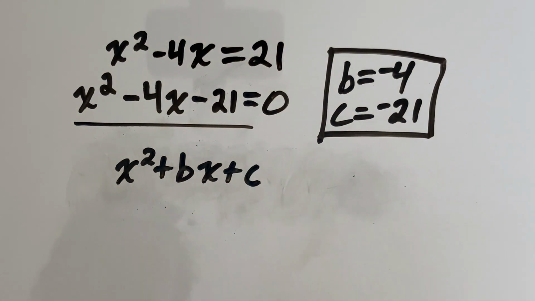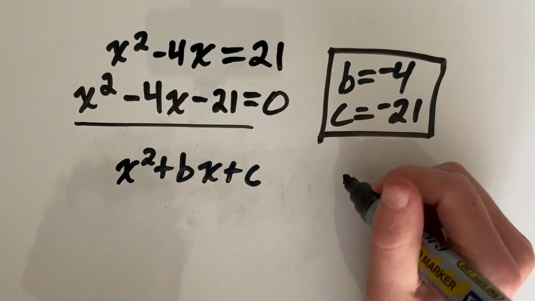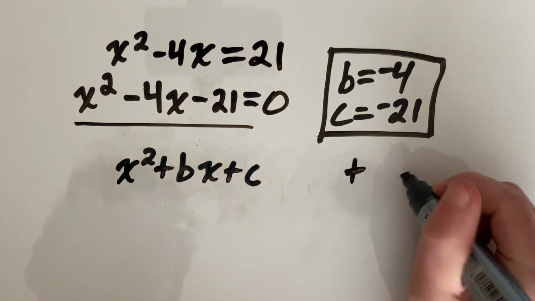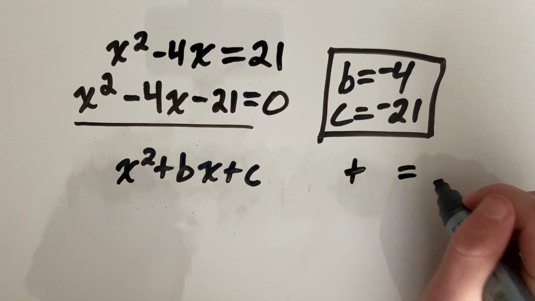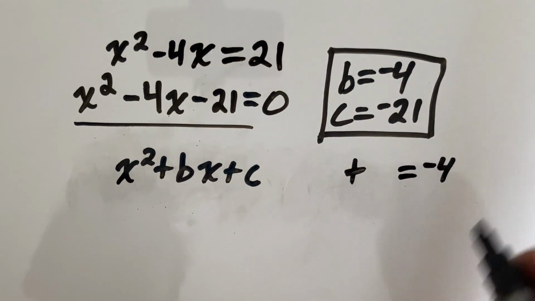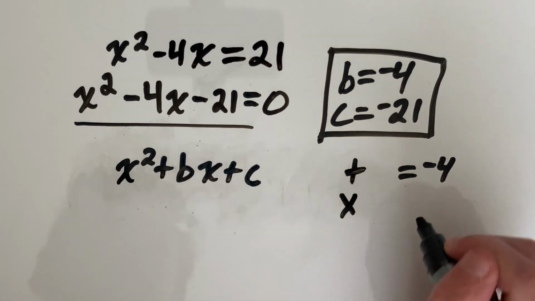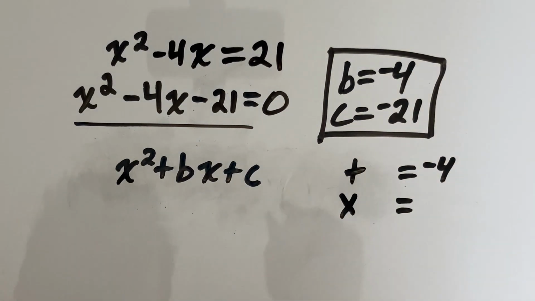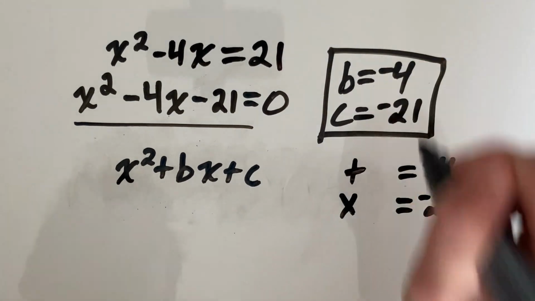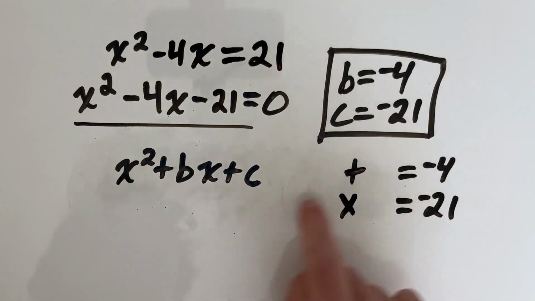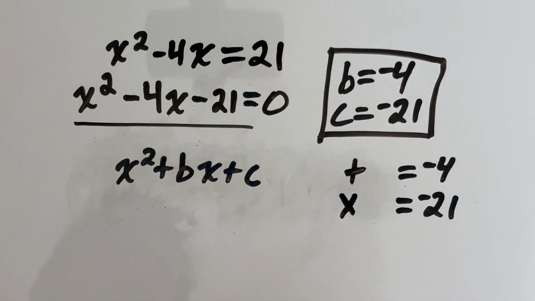We can then work on solving. And the simple step you need to do to solve is you need to find two numbers. Those two numbers have to add together to equal b, which in our case is negative 4, but those same two numbers have to multiply together to equal c, which in our case is negative 21. If we can find these two numbers, we have solved it.